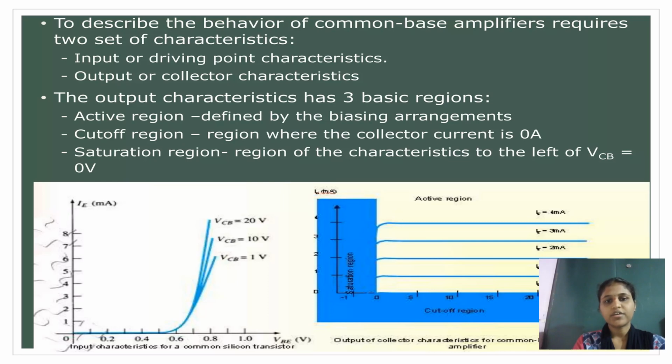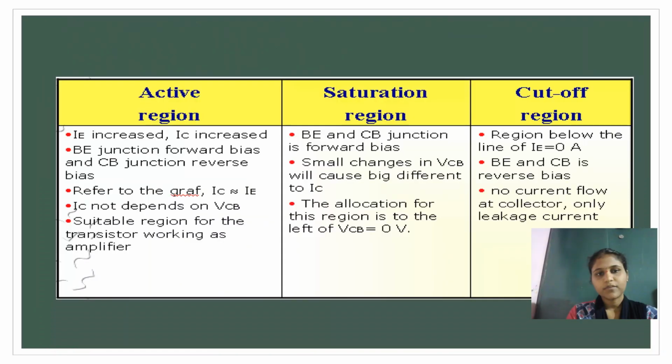Cutoff region is defined as region where the collector current is 0 ampere. Saturation region is the region of the characteristics to the left of VCB equals 0 volts. Here these are the input and output graphs of the transistors. Here there are three types of regions: active region, saturation region, cutoff region.